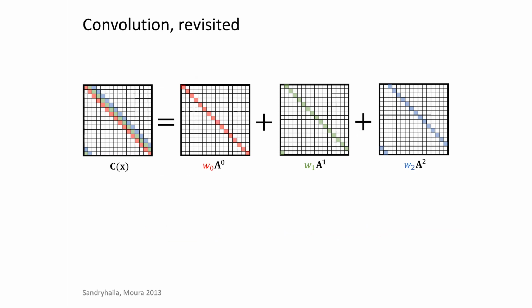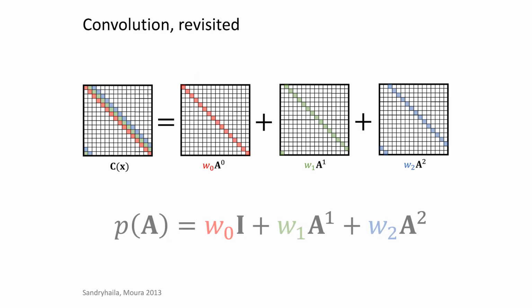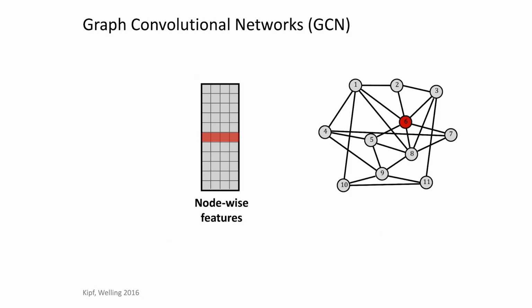So we can decompose it into the powers of the adjacency matrix multiplied by different coefficients. So the convolution operation can be written as powers of the shift, a linear combination with some learnable weights. And we can take this idea to define probably the simplest convolution-like operation on graphs.